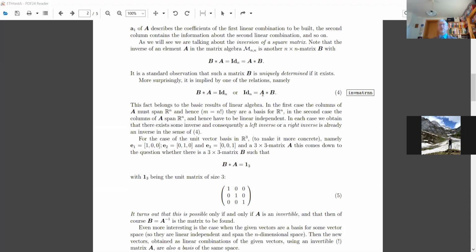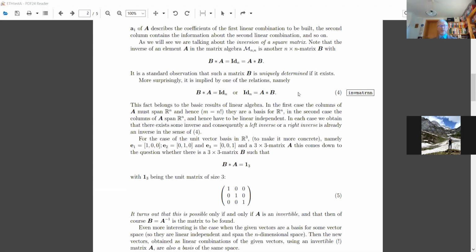Okay, so summarizing, we have matrix multiplication. It's made such that the matrix multiplication corresponds exactly to the composition of linear mappings corresponding to these matrices. I may add some extra box when I work out the details of this slide, these notes.